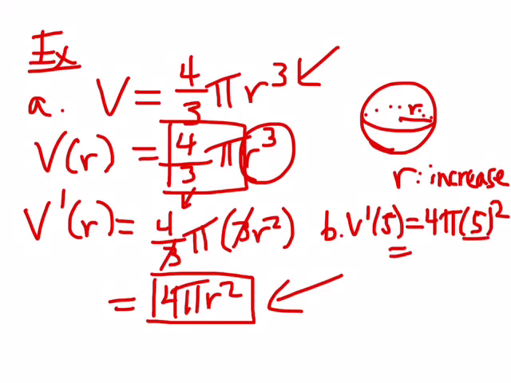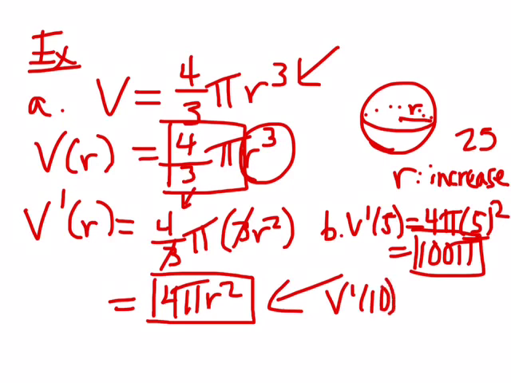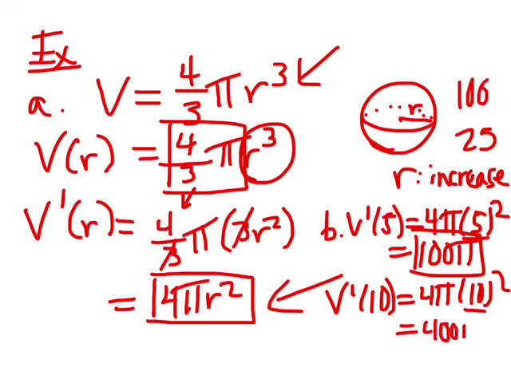Order of operations, I do that first. That's 25 for 5 squared. Times 4, I get 100 pi. And similar for V prime of 10, the rate of change at 10, 4 pi, 10 squared. That 10 squared is 100, times 4 is 400 pi. And if we wanted a decimal version, we could put those into our calculator.